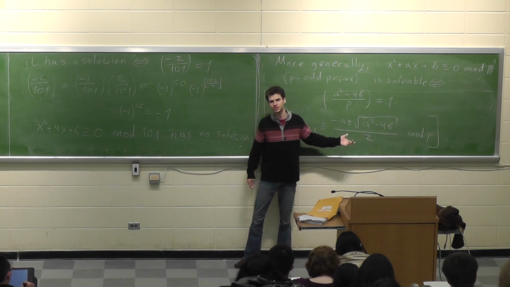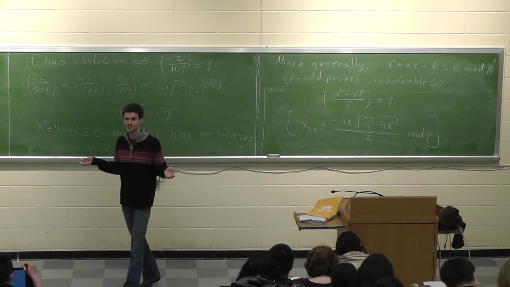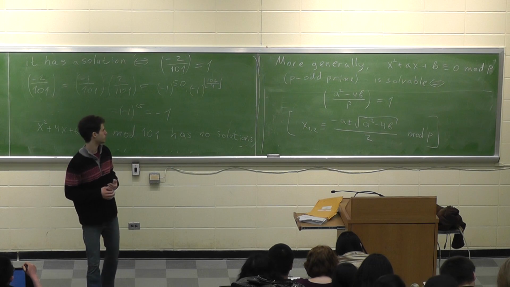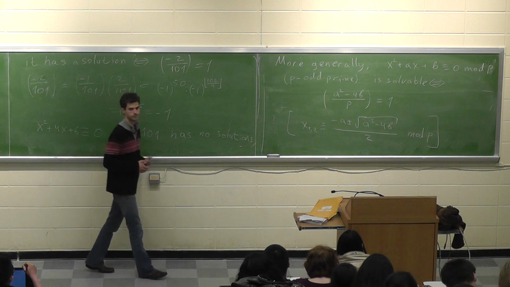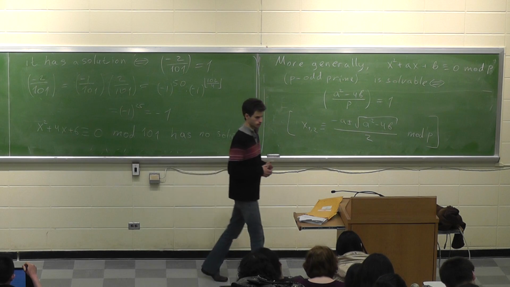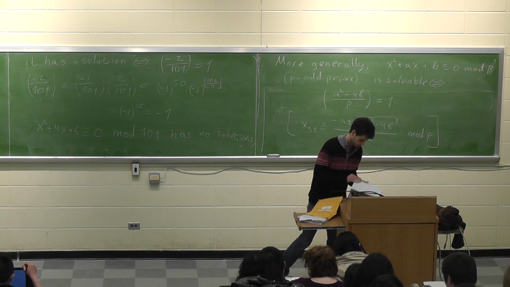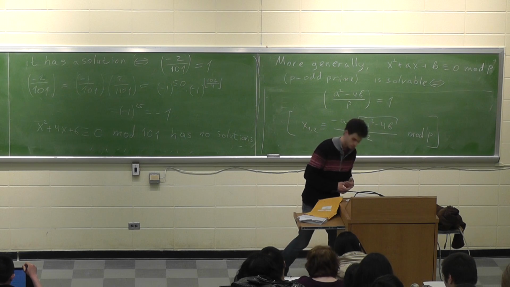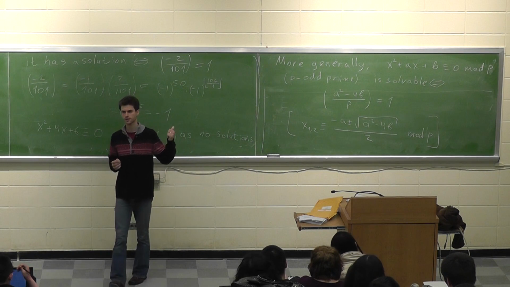And if you cannot extract the square root, the thing with completing the square shows that you can't solve the equation. It has no solutions. Okay. Maybe any questions about this?